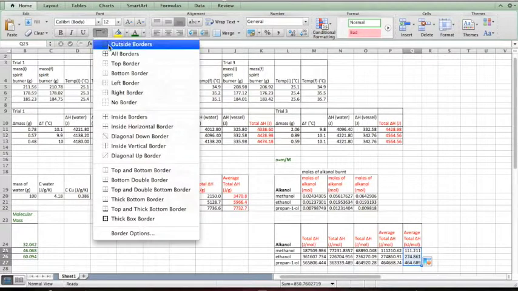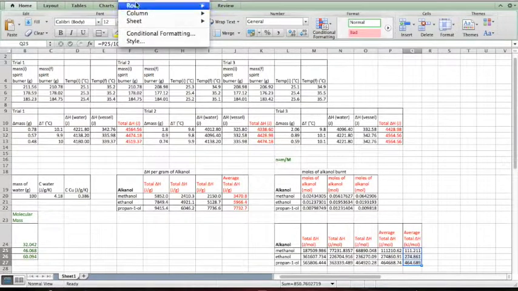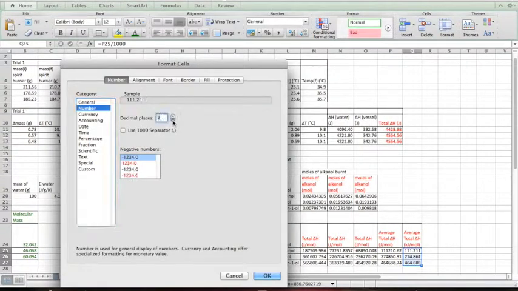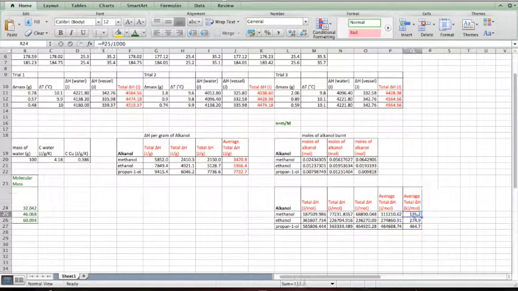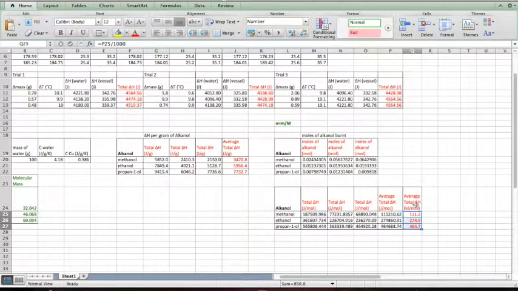We can fix up the borders and just so that we can read it a little better, we can also format that to 1 decimal place. Okay, so here we now have our average delta H in kilojoules per mole. So we've managed to calculate our average delta H in joules per mole and in joules per gram and kilojoules per mole.